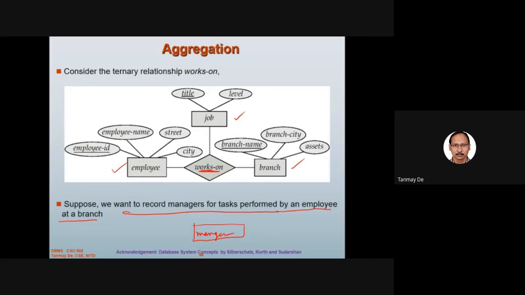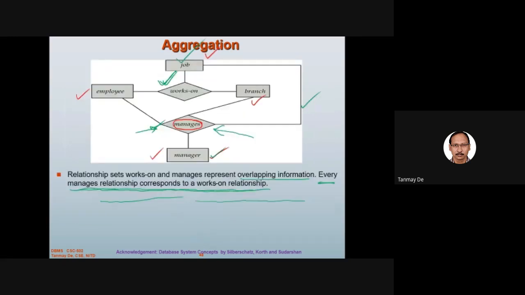But when we add another relationship, for example manages, you can see it associates employee, branch, and job also. Whatever entity sets are associated by the work on relationship, the three entity sets job, branch and employee, are also associated by manages. So can we discard work on, or is it required?